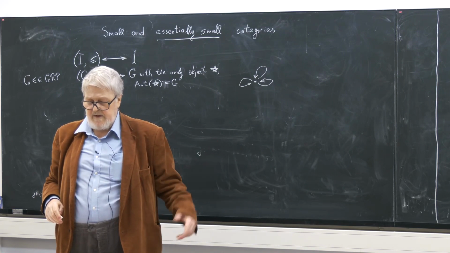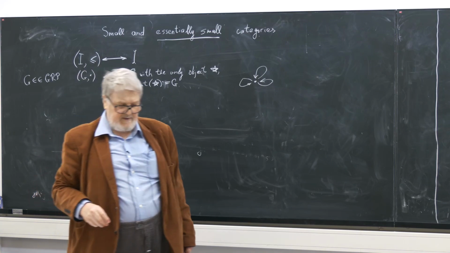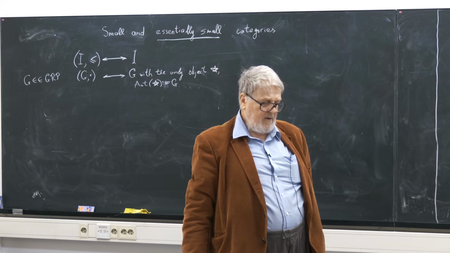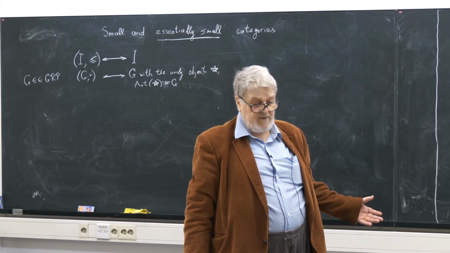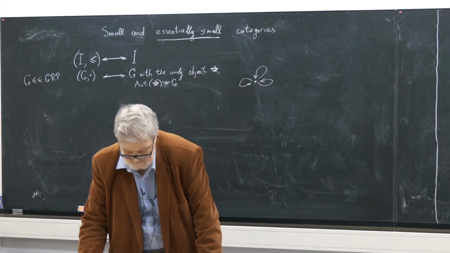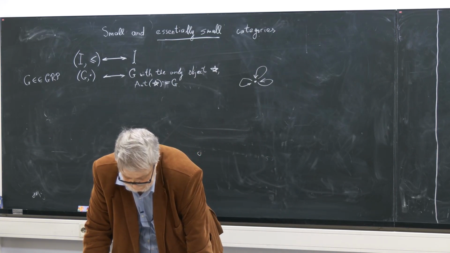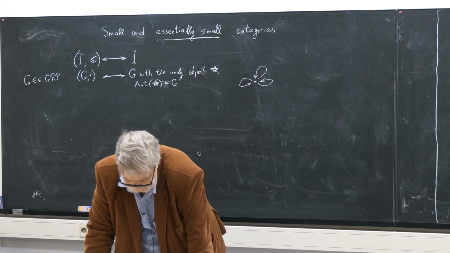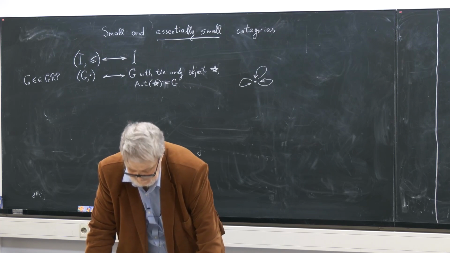The bunch of directed loops with the composition defined by the group operation is sometimes quite productive. So this is what I'd like to say about small categories, and that's all.